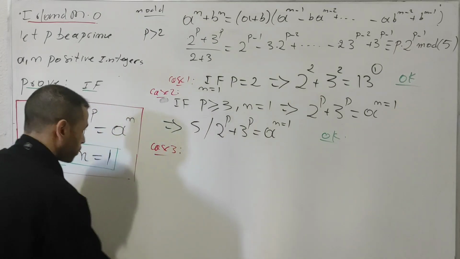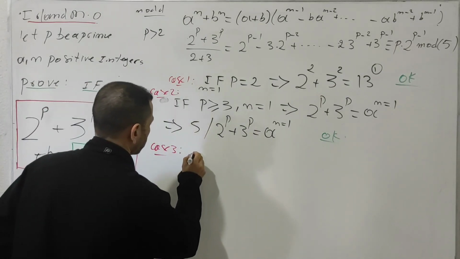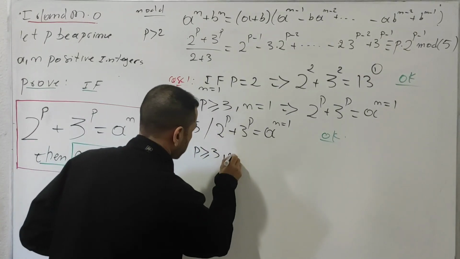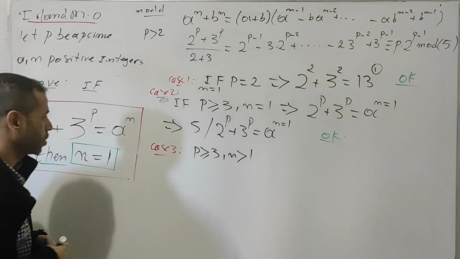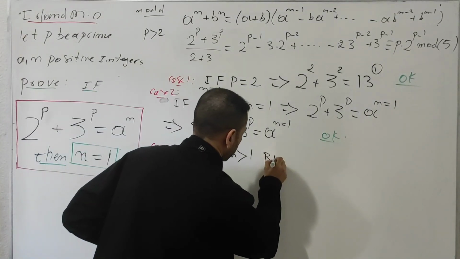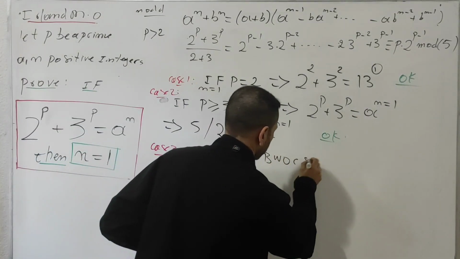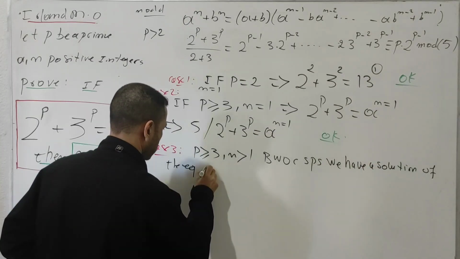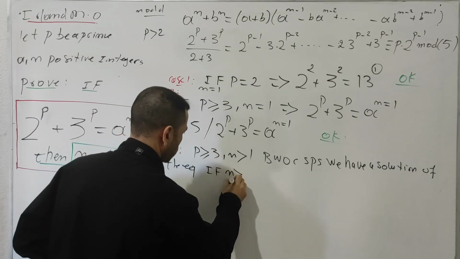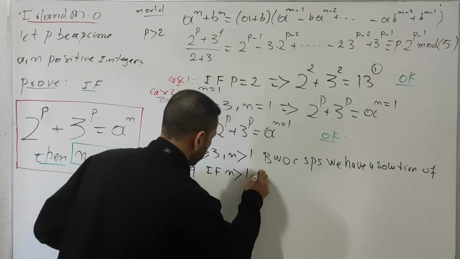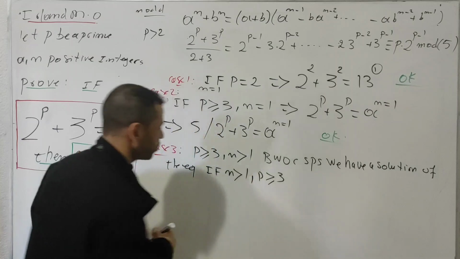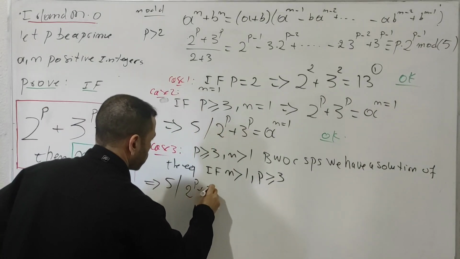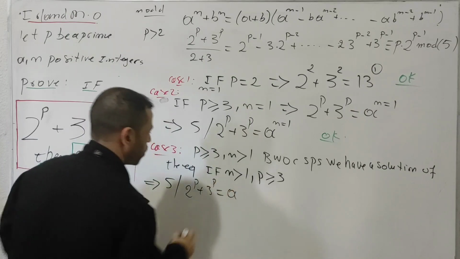Case number 3. When we have p as an odd prime, but n is strictly greater than 1. Okay? So by way of contradiction, suppose we have a solution of the equation if n is strictly greater than 1, with p as an odd prime. We know 5 divides this term, 2 to the p plus 3 to the p equals a, with n equals 1.